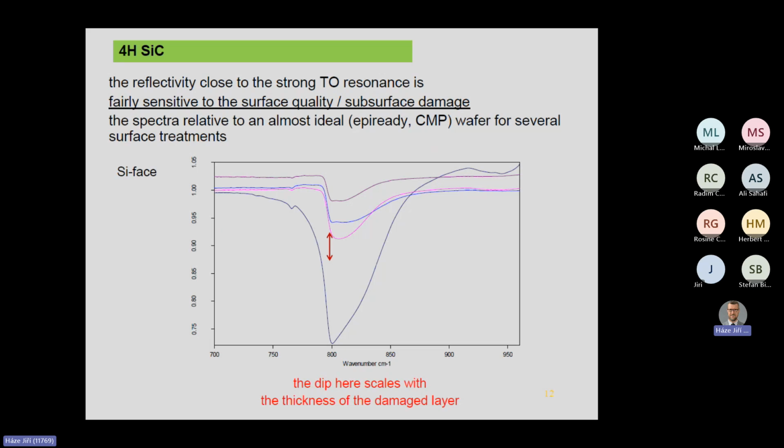They show only small variation in AFM, University of Sheffield. But we see that the actual material below the surface is damaged.